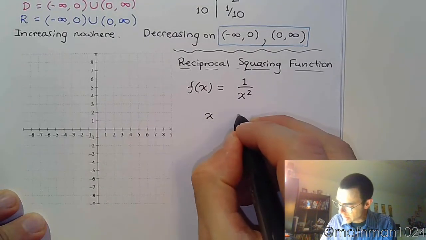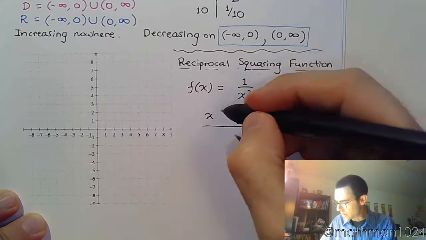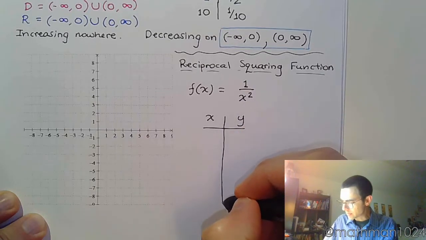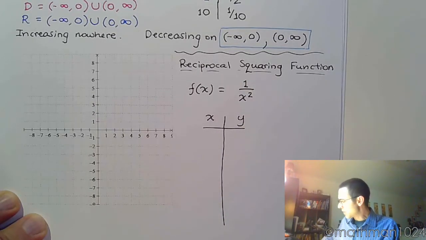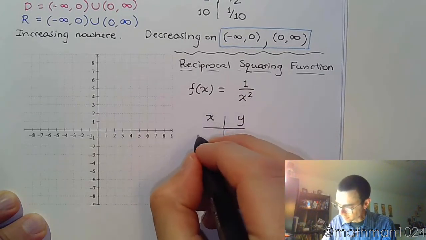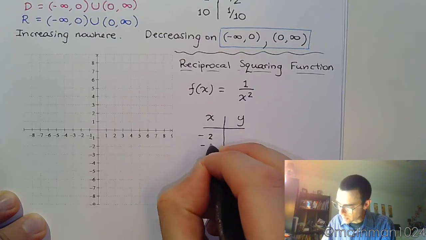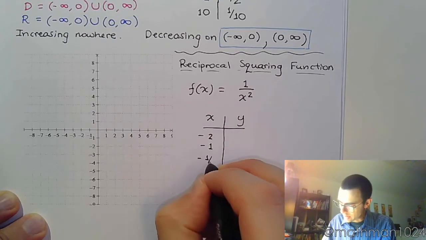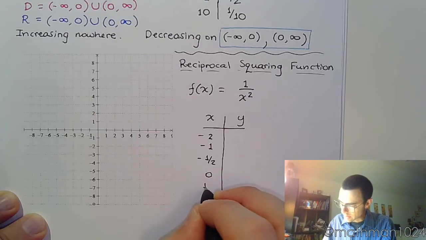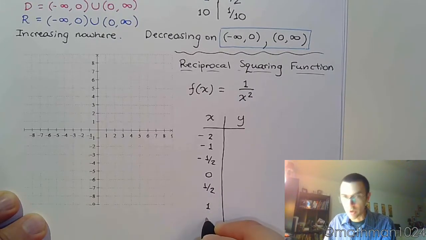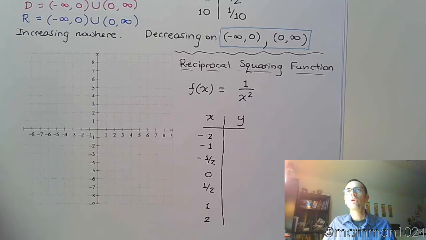So let's look at those key values in a t-table. And let's use the same values that we were using above. All right, so we're going to do -2, -1, -1/2, 0, 1/2, 1, and 2. So you've got two ways of doing this.